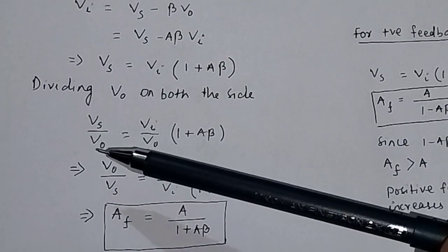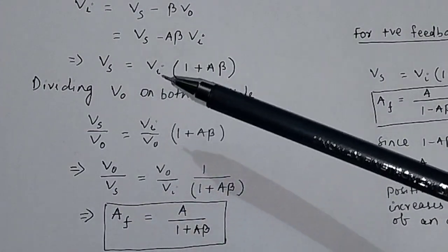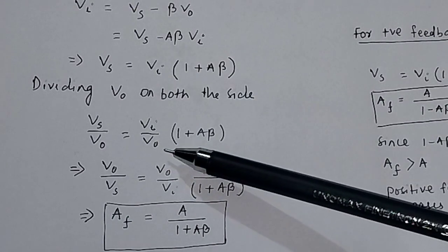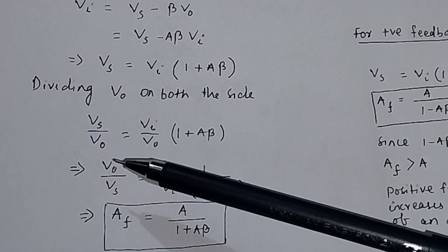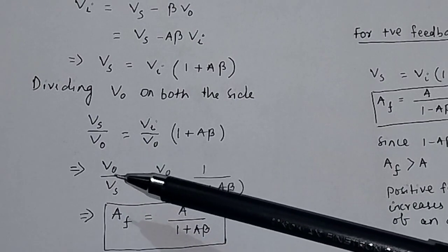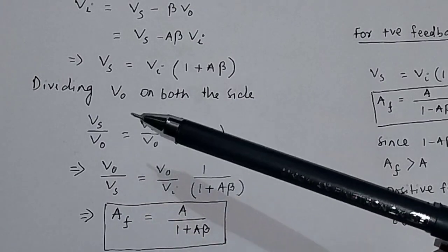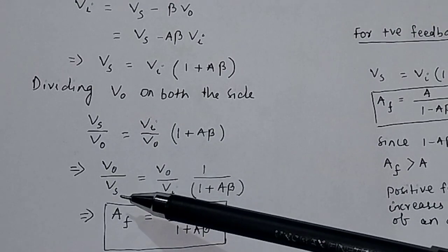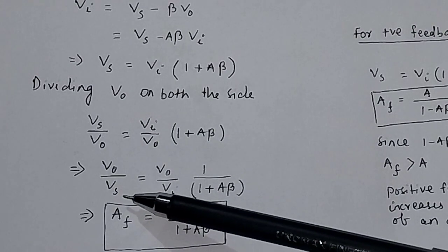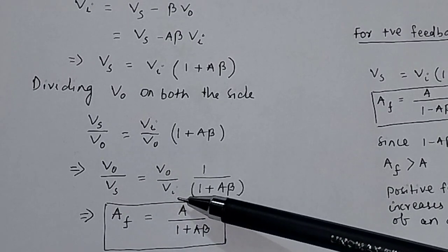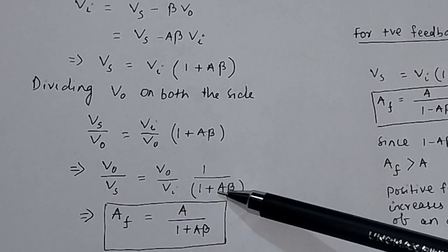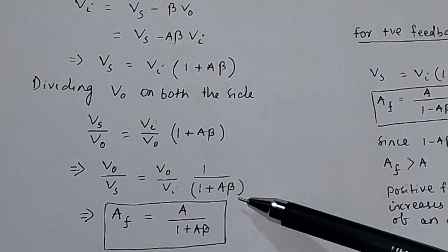So Vs divided by Vo will be equal to Vi divided by Vo into 1 plus A beta, and if you take the inverse, then V output by Vs, that is the source voltage, will be equal to V output divided by Vi, and this will be equal to 1 divided by 1 plus A beta.